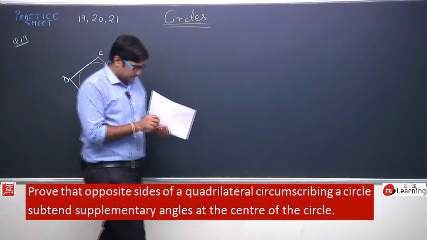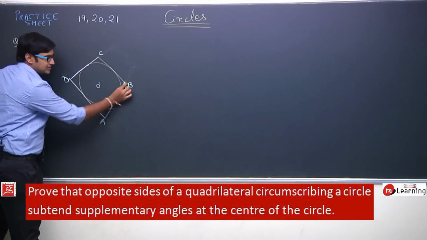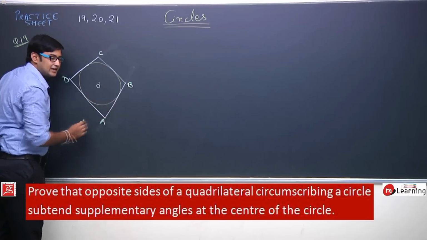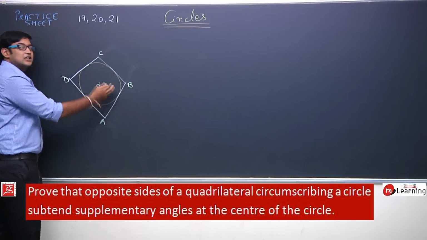It means I can very comfortably say that if I talk about this AB side, this AB side is tangent to the circle.